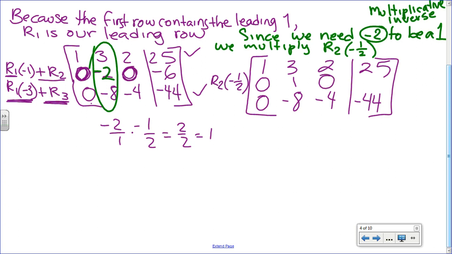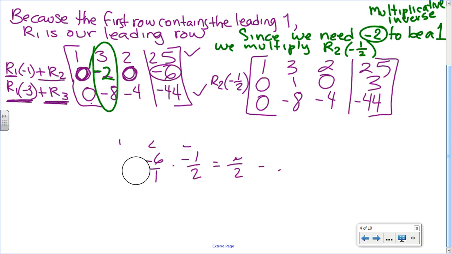And the last one, negative 6 times negative 1/2, that would be positive 6 over 2, which is 3. So you guys start seeing the light at the end of the tunnel, right? Kind of. In fact, this problem is already telling me one solution. What is 3? Y. That's correct. So you get a card for that.